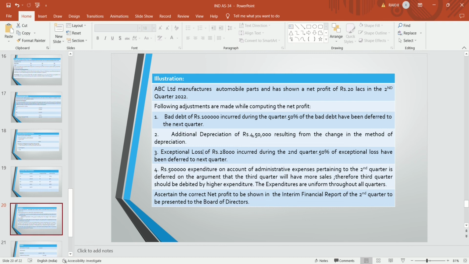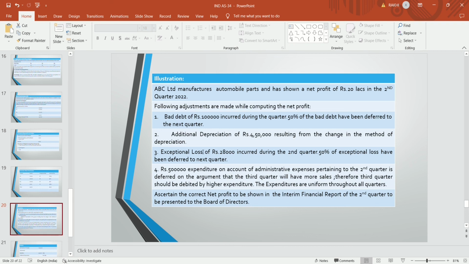The following adjustments are made while computing the net profit. Bad debt of rupees 1 lakh incurred during the quarter. 50% of the bad debt has been deferred to the next quarter. That means from 1 lakh, the company wants to defer 50% of the bad debt to the next quarter.